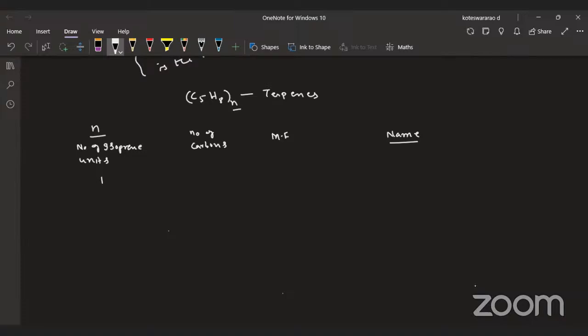Now, where n is equal to 1, the molecular formula is C5H8.